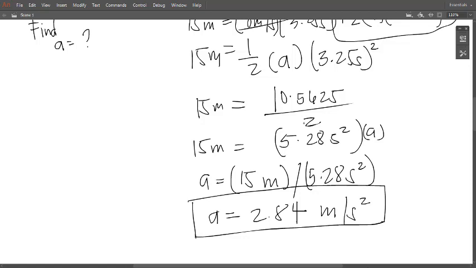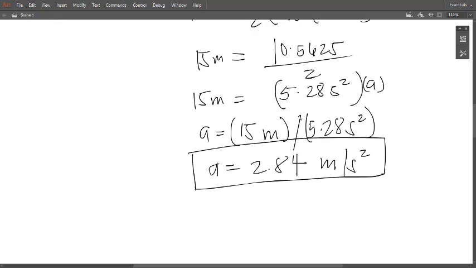So, solving this acceleration, we can explain this further by not changing its position, just writing the number here, canceling it here, and writing the 15 meters here.